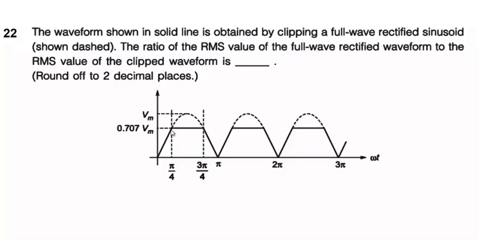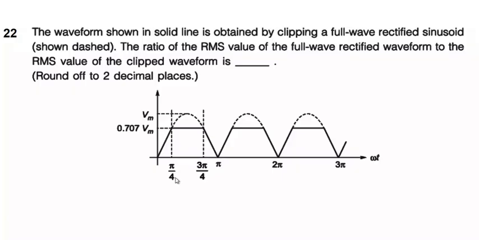The squared waveform will be Vm square sin square omega t. From 0 to pi by 4, and also from 3 pi by 4 to pi, the waveform follows the sinusoidal waveform. For these two, we can write 2 times the integration from 0 to pi by 4 of Vm square sin square omega t.